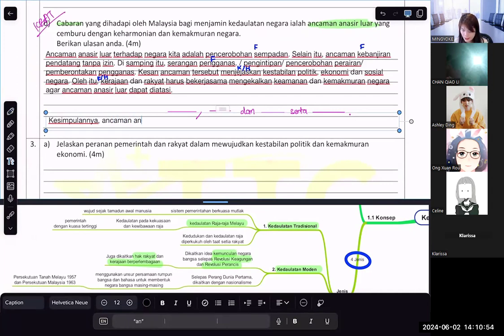Ancaman anasir luar akan menjejaskan negara, or you can say akan menjejaskan kedaulatan negara.